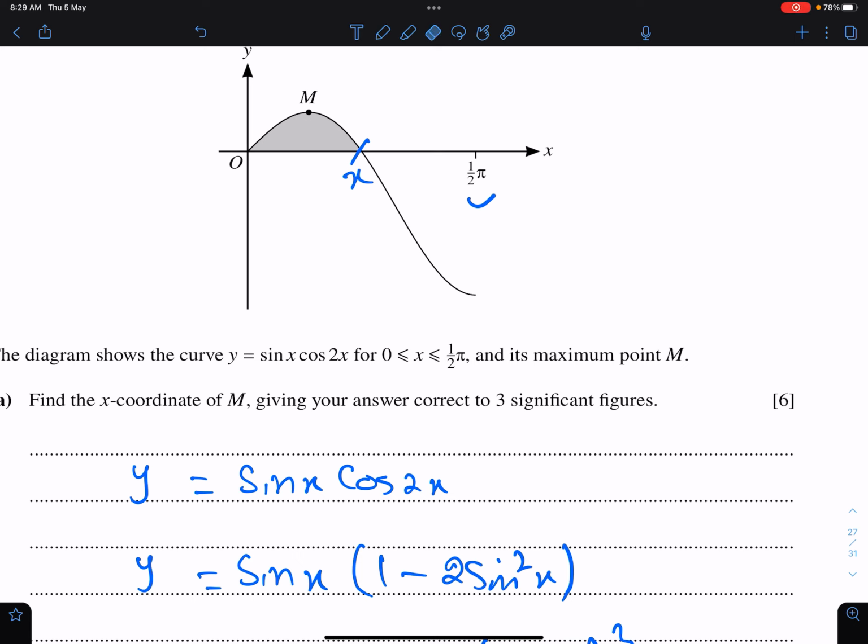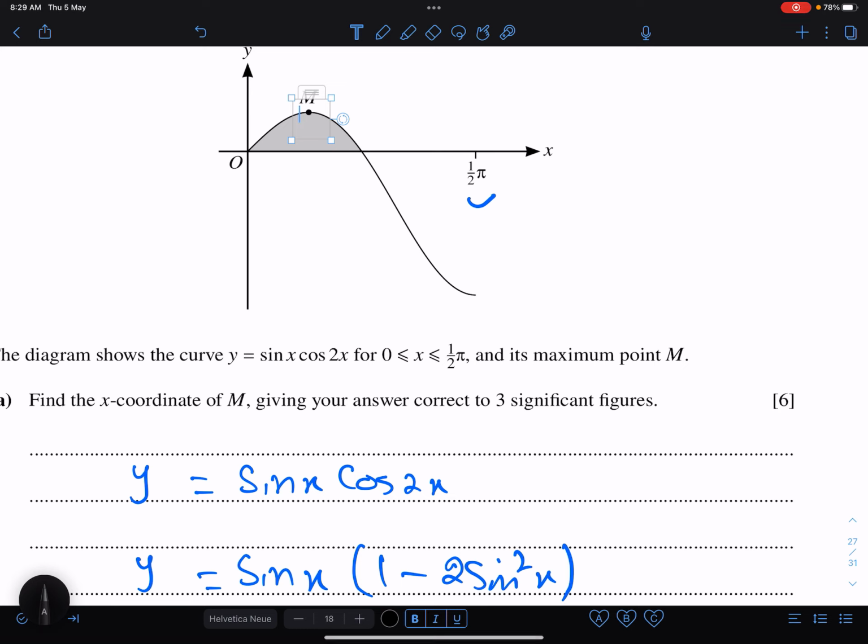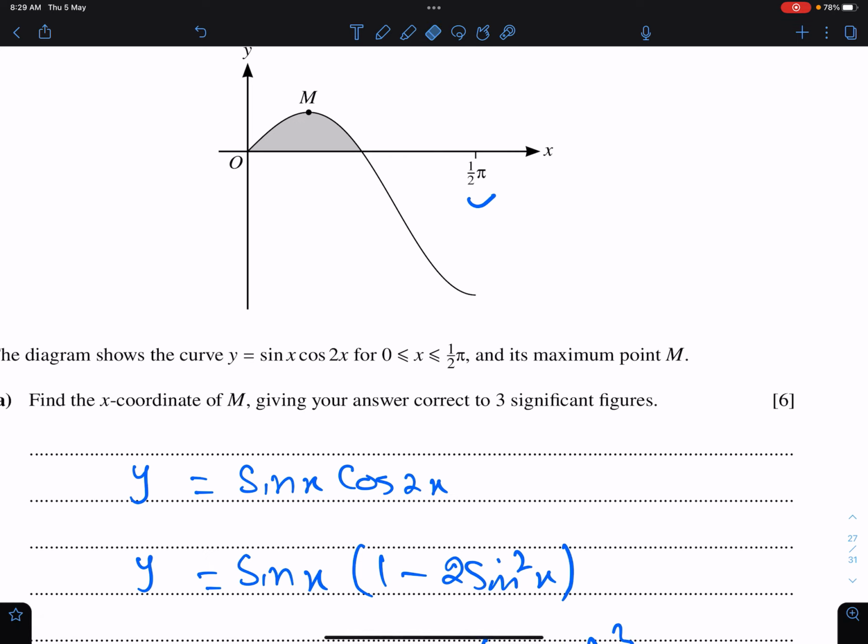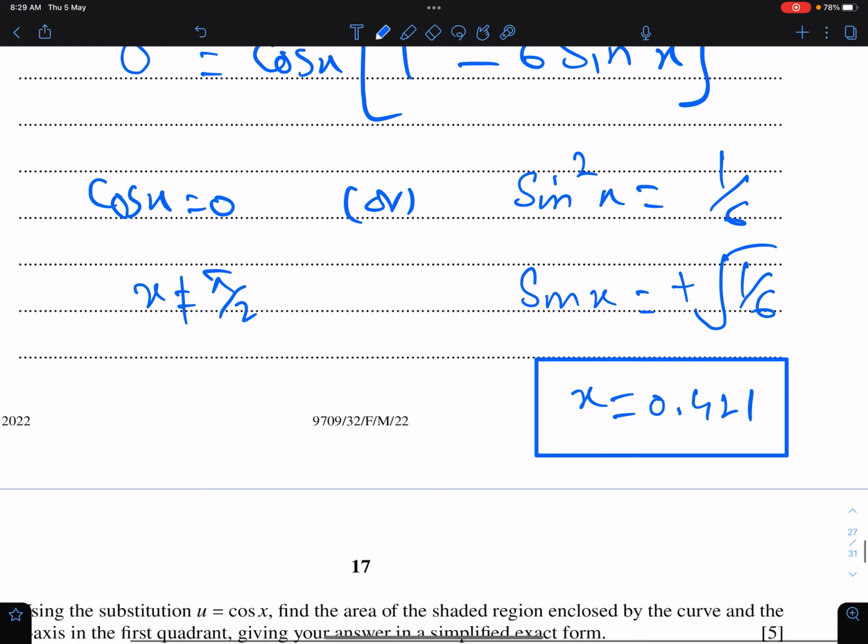I'm sorry, this is not x, this is 0.421. This 0.421 is here.